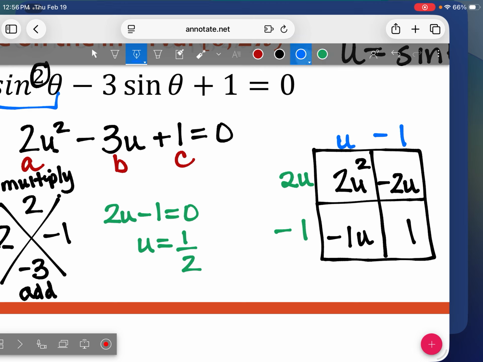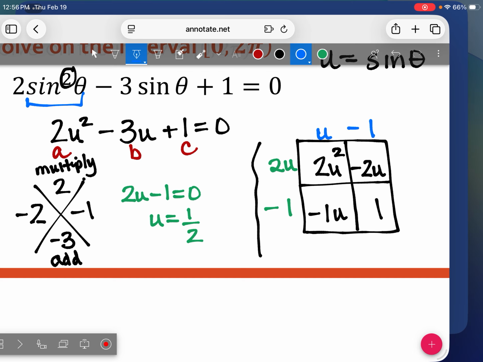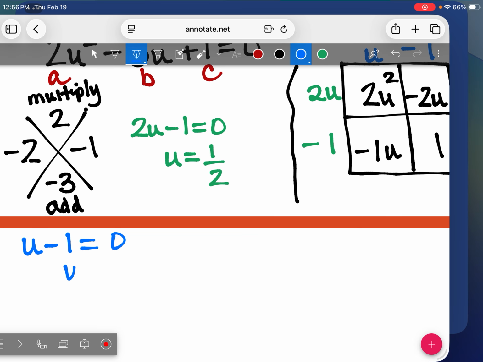And then I'm going to take the u minus 1 and set that equal to 0. I'm kind of out of space. I'll write it down here. And I get u equals positive 1. All right, so now that we did all of that, what did we say u was equal to?